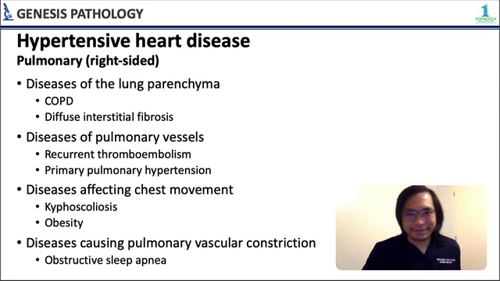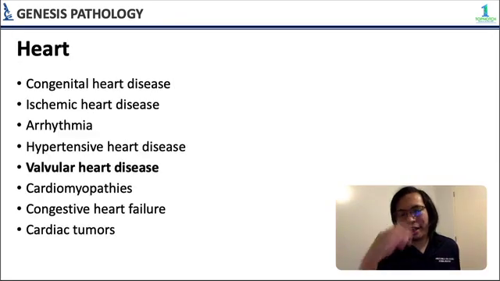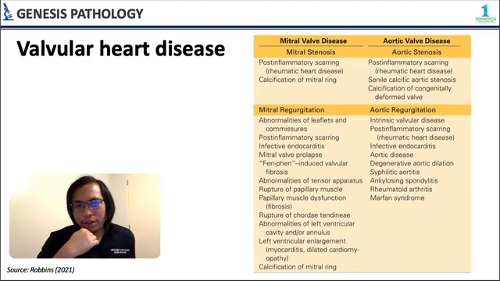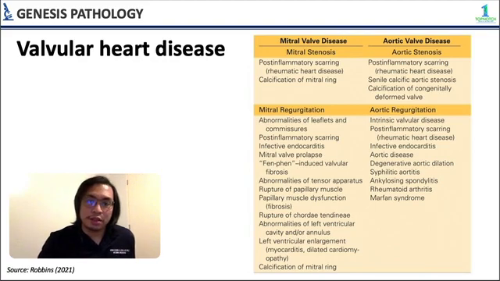Okay? Valvular heart disease tayo. Again, so ito medyo hindi siya ganun ka-pathology, yung valvular heart disease natin, except for I think infective endocarditis, rheumatic heart disease. Actually hindi pa rin. Pero let's just discuss yung mga possible etiologies of your valvular heart disease.